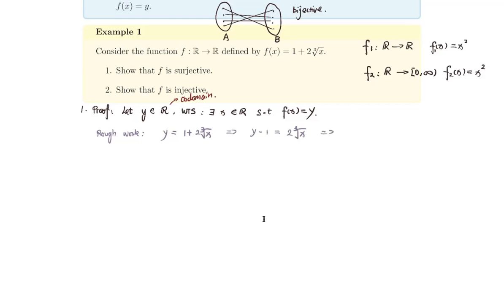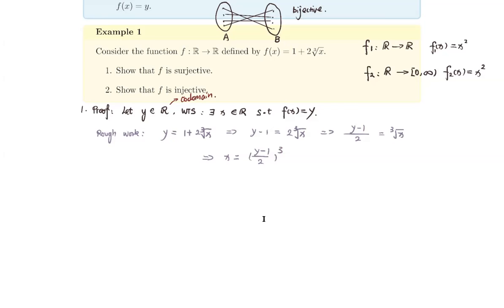That's going to give you y minus 1 over 2 equals the cube root of x. So x equals y minus 1 over 2, cubed. I'm going to say this is my x. Since y is a real number, y minus 1 over 2 cubed is going to give me a real number as well. So I can pick my x to be this real number.